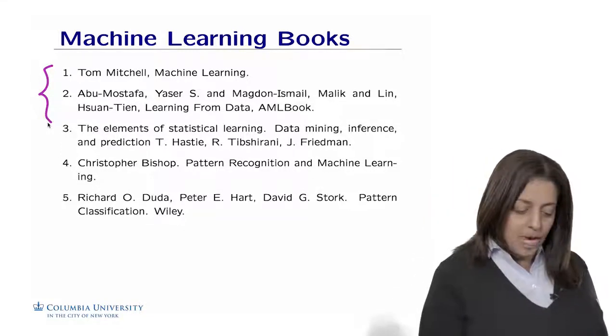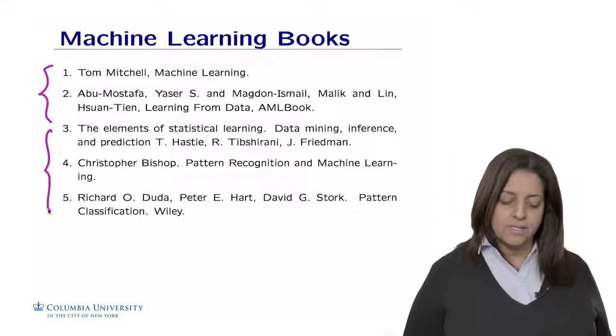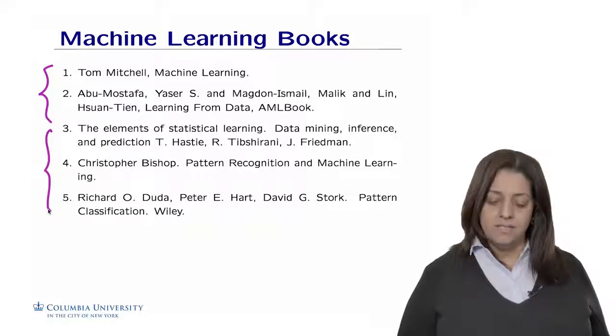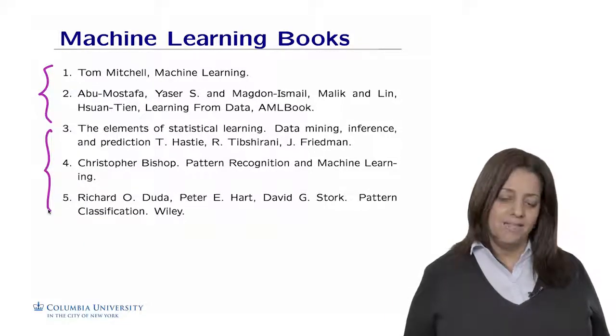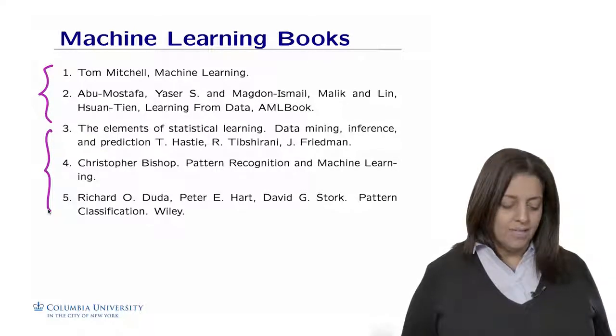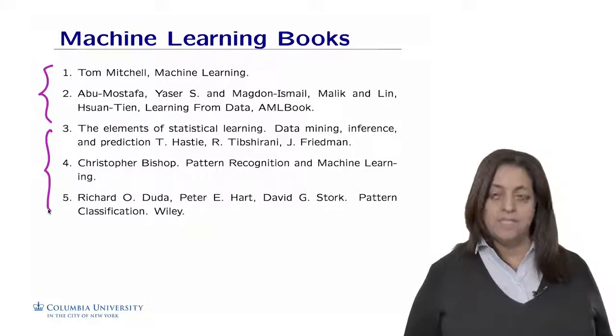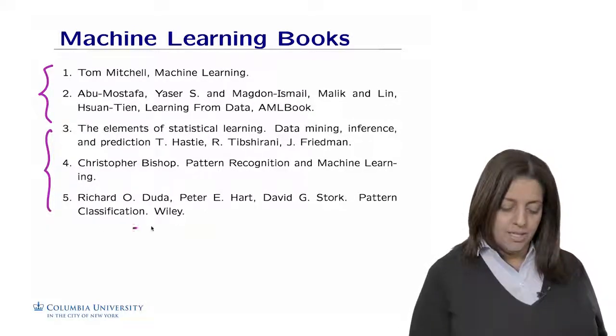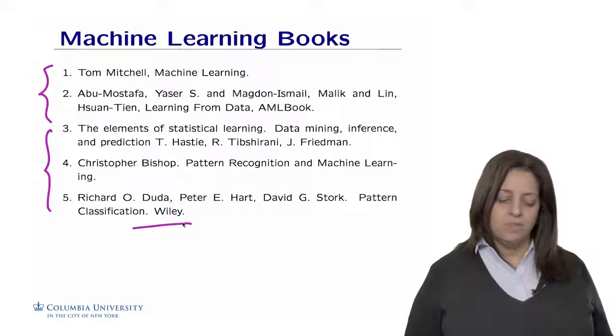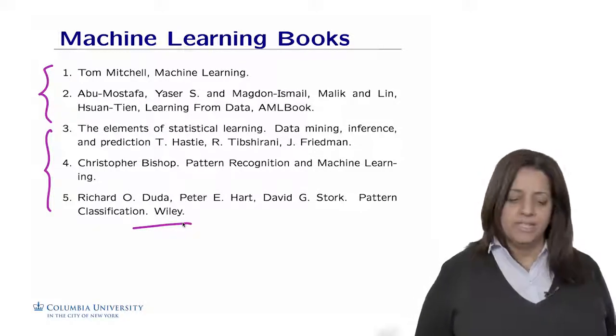If you want to dive deeper, I would recommend these last three books. The Elements of Statistical Learning has the statistical side of machine learning. I would also recommend Pattern Recognition and Machine Learning by Christopher Bishop, and Pattern Classification, which is a classic book in which you'll find things like k-nearest neighbors and all its variants.